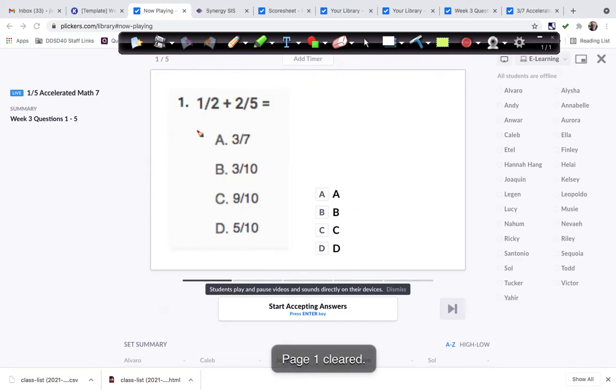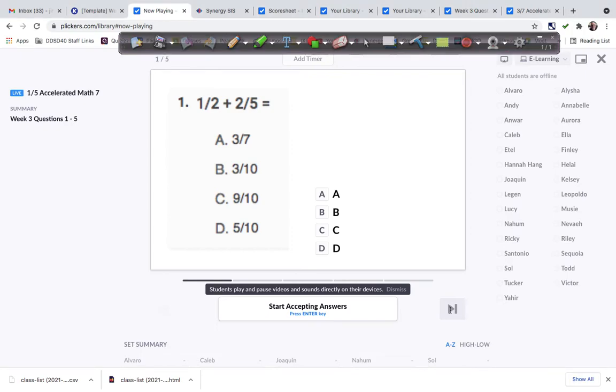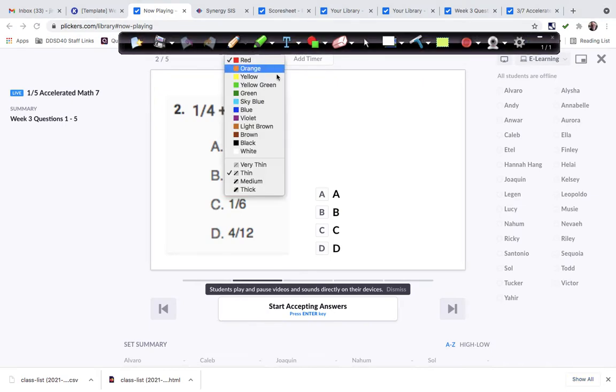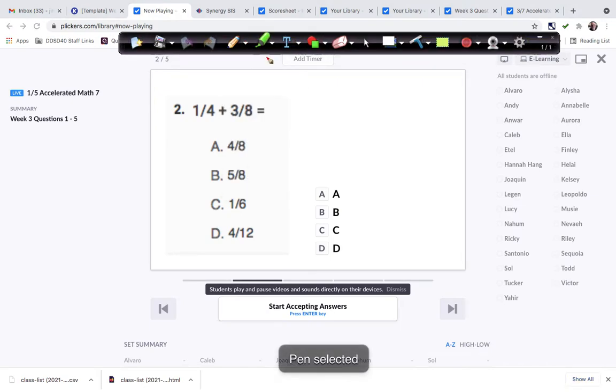So we won't draw pictures on the rest of these, but I want you to think about what the picture does. And if you want to see a picture, I can always draw you a picture. Okay, so this is going to be 1/4 plus 3/8.